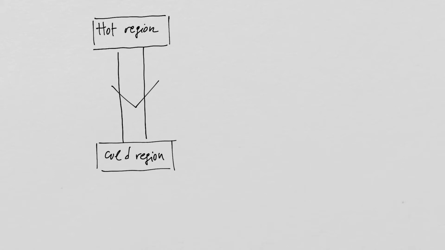Now, I can use part of the heat that's coming from the hot region to the cold region to do mechanical work by introducing a heat engine in between the two regions. And this heat engine is going to utilize the available energy flowing between the hot and the cold region to do mechanical work.